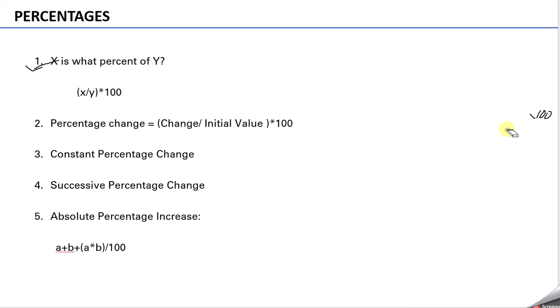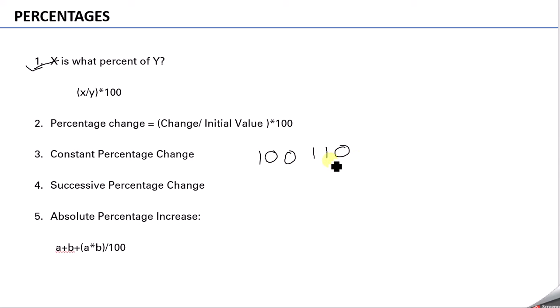Now we'll move to the next concept, that is constant percentage change and successive percentage change. Constant percentage change can be called simple change because say you start with 100 and there is a 10% increase on the initial value. 10% of 100 is 10, so we add that.